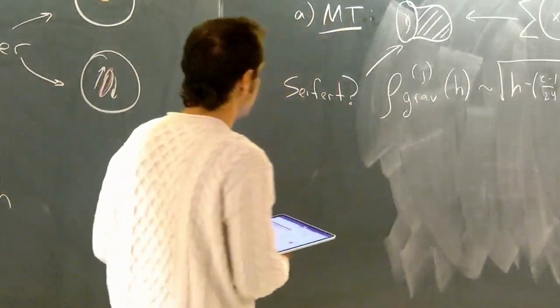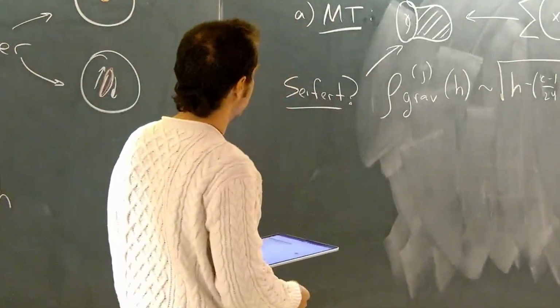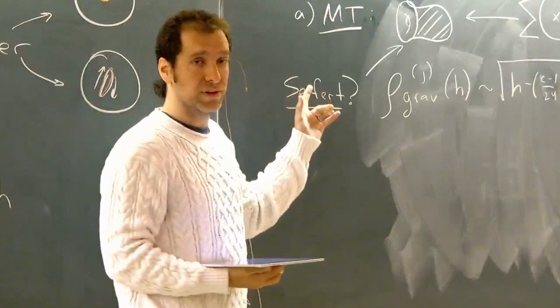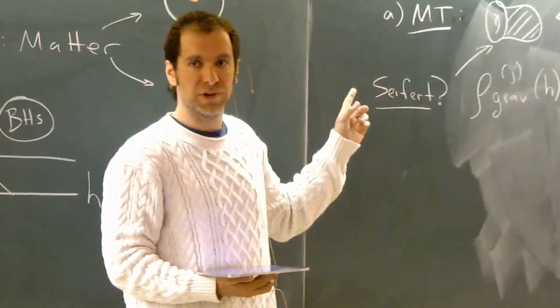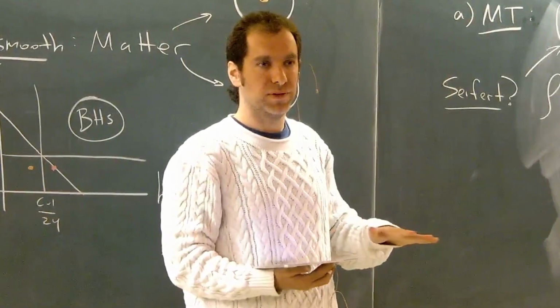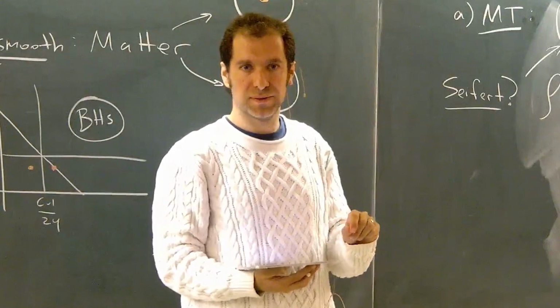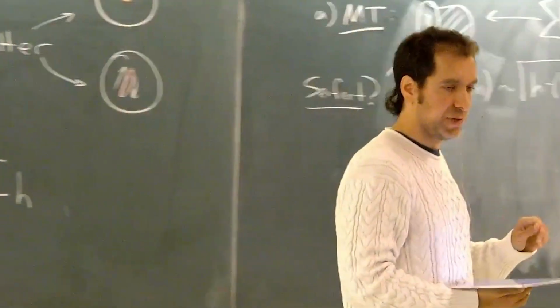then assert that the relevant ADS3 gravity calculation one wants to do is to compute the partition function of Seifert manifolds. These are smooth 3-manifolds, which should be thought of as circle fibrations over a disk with orbifold points. And so they are smooth from the 3D gravity point of view.